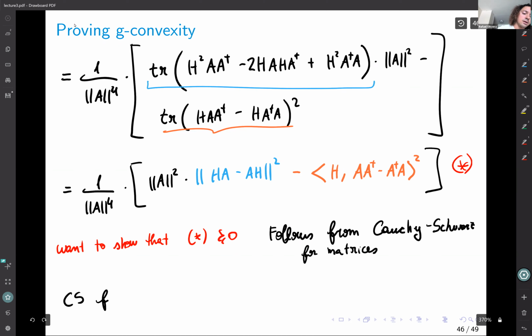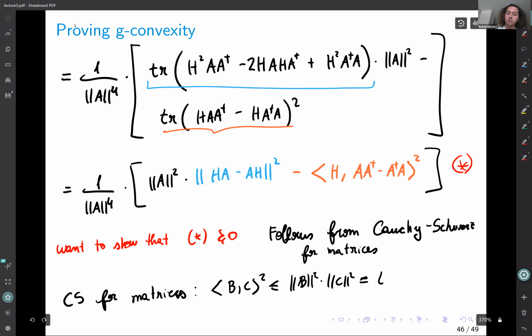CS for matrices is just that the inner product of two matrices, let's say B and C, squared is less than or equal to the norm of B squared times the norm of C squared. This is the usual Cauchy-Schwarz, but in matrices, in the matrix norm, this is exactly equal to the trace of B transpose times the trace of C transpose.